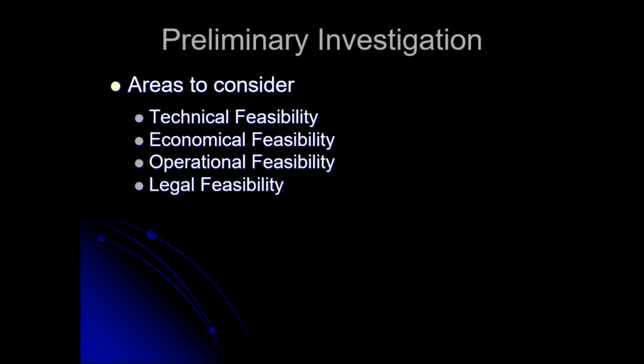In a feasibility study, we mainly focus on these 4 areas, and at the end the top management of the company is provided with a feasibility report. Based on the feasibility report, the company management can decide whether to continue with this project or not to continue the project.